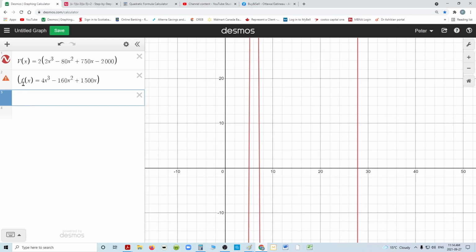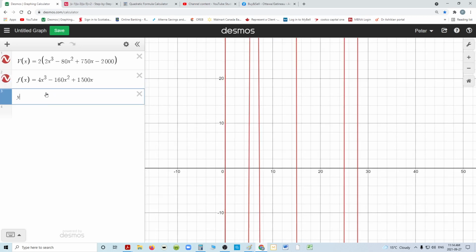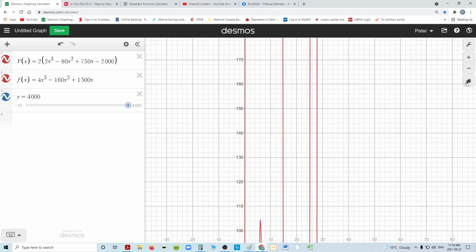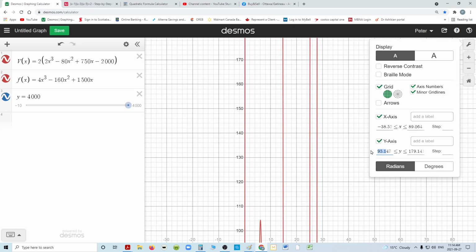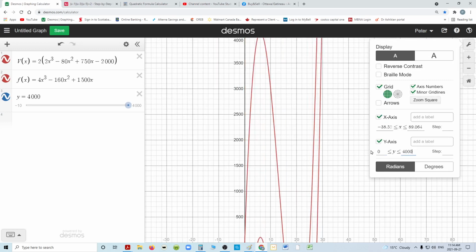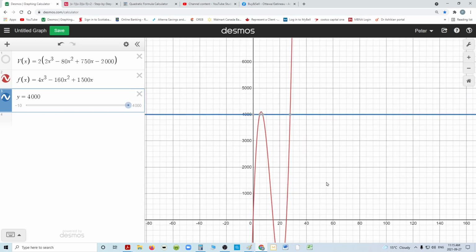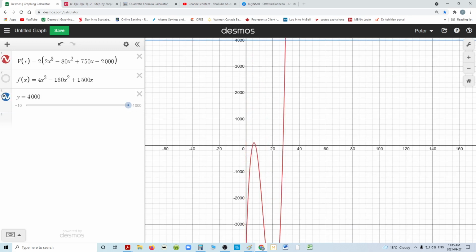You will discover when you set y to equal 4,000, and you go up there, and to make it easier, just set your y-axis between that and 4,000, you discover the same things, between 5 and 7.92, and then over here. You have to turn off the first graph to not get confused. And then over here is a dimension that can't exist because x is too big. So that's the same thing on the original graph, and then we lower the whole graph by 4,000 to get it on the x-axis and figure out the same thing. I made it a lot more complicated than it had to be.